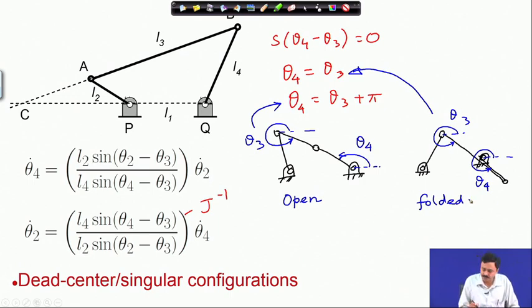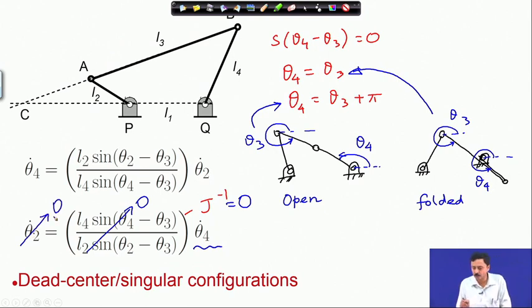Now, what happens when these two configurations occur? J inverse goes to 0. So, this goes to 0. So, whatever be theta 4 dot, theta 2 dot goes to 0. So, there is no motion of link 2. Link 2 must come to a stop, it cannot move whatever be theta 4 dot.